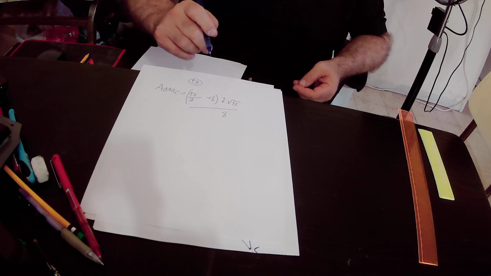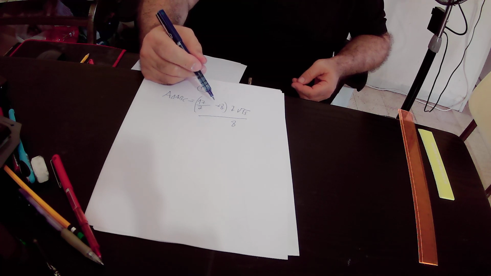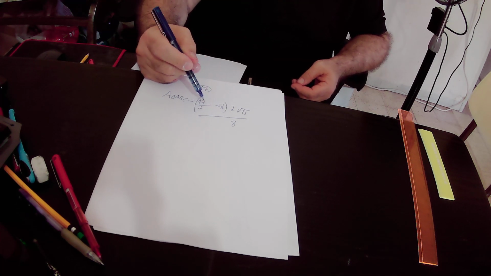Here, instead of 8, we will write 16 over 2 in order to have a common factor with this number.